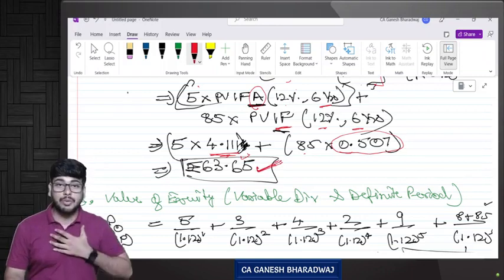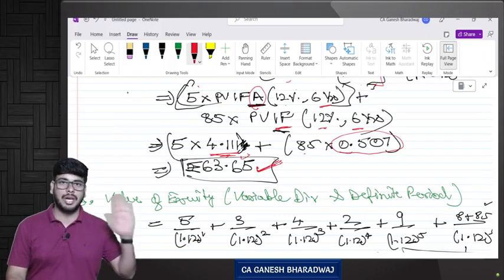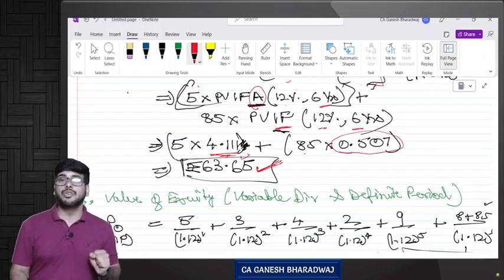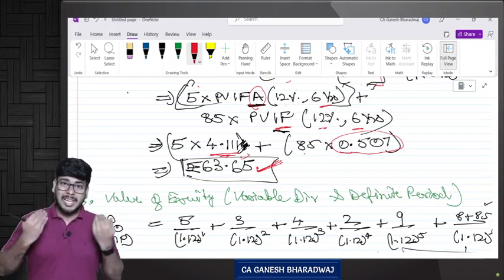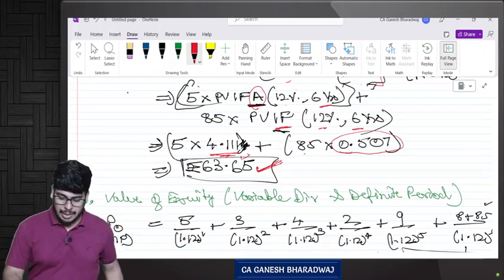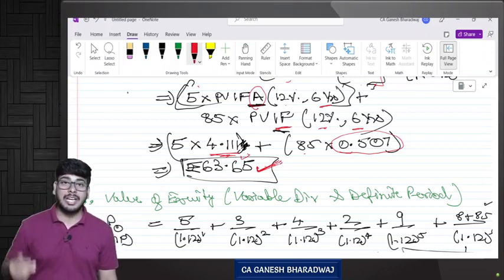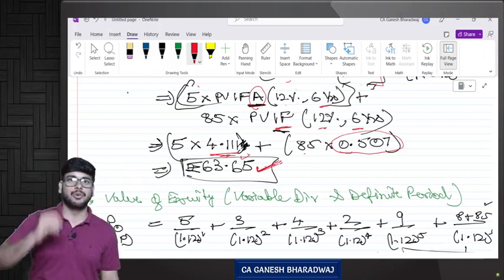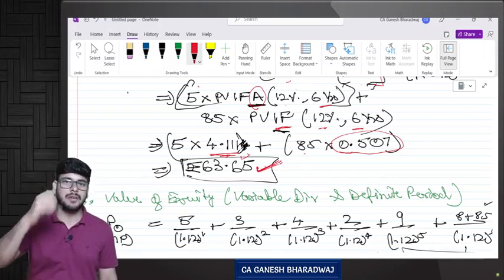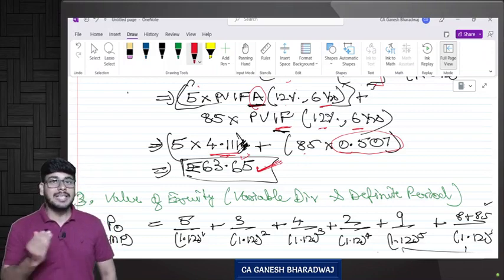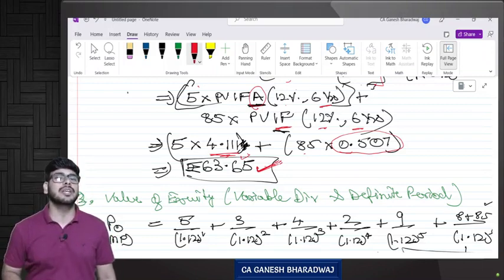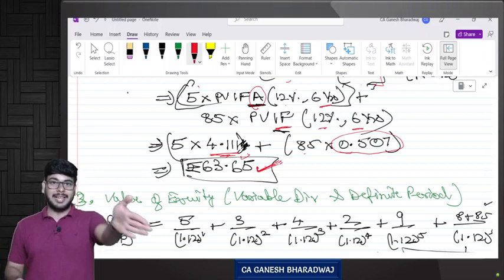This is the value that we have found. The maximum amount I'm willing to pay to buy one MRF share is 63.65. Suppose in the market it is quoting at 67 rupees. Then you will say the market has overvalued this MRF share, and I will not buy. Suppose in the market it is quoting at only 60 rupees. You will say the market has undervalued it.